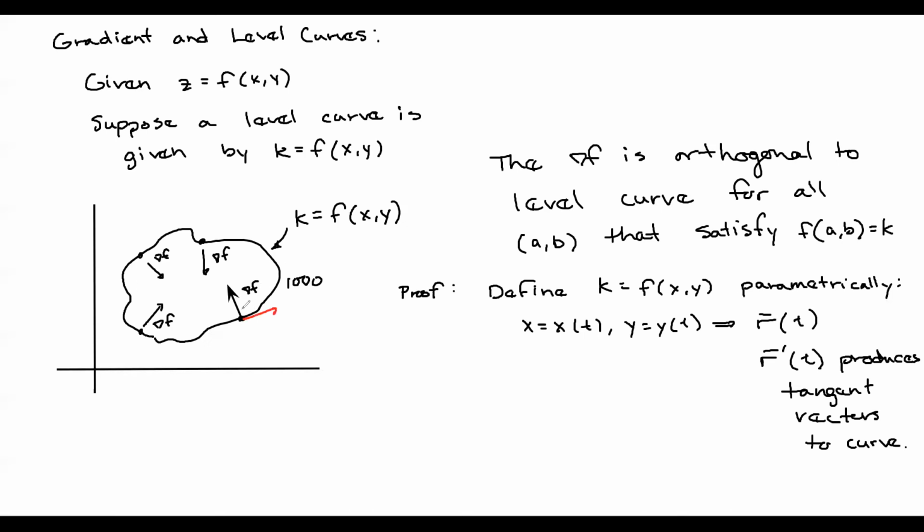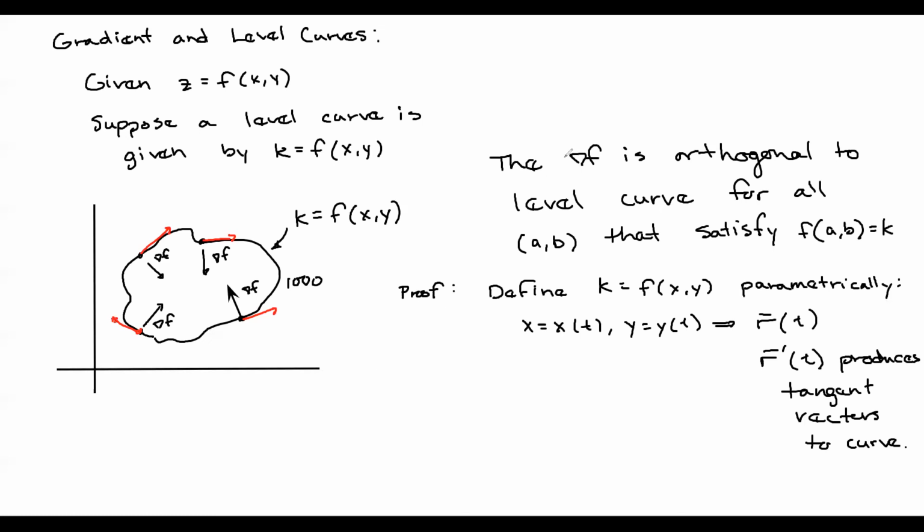We're still trying to prove the gradient fact, but we don't need to prove this part. It's already proven that if you've got a curve, you can always define it parametrically. If you define it parametrically, you can always convert the parametric form into the vector form, and if you differentiate the vector form, you get tangent vectors. End of story. So we've got a curve, the parametric representation, and tangent vectors.